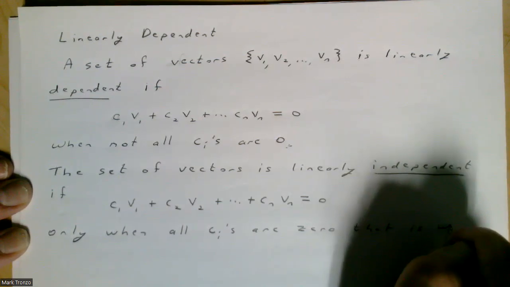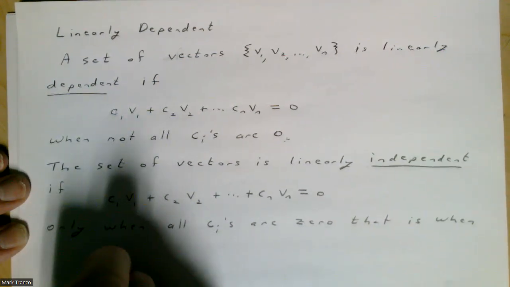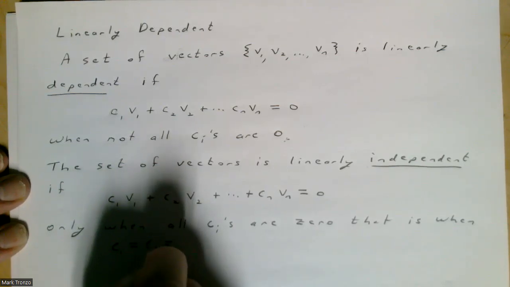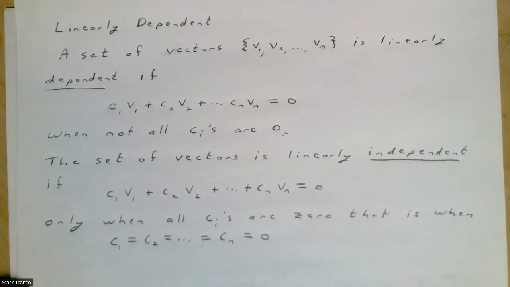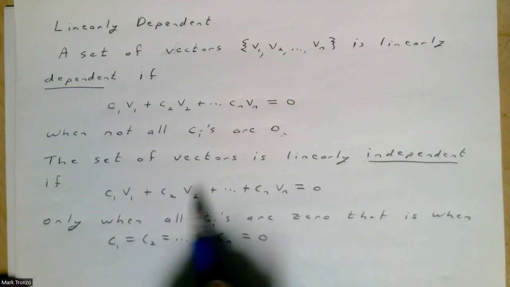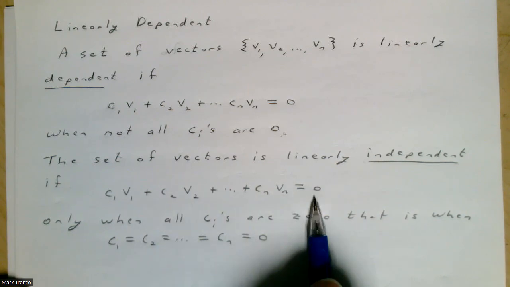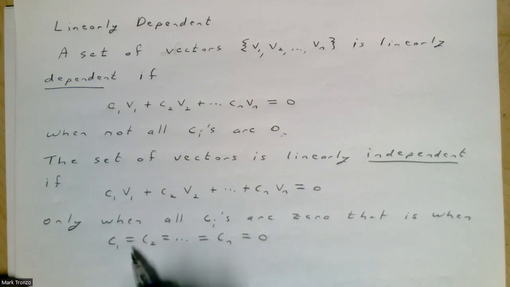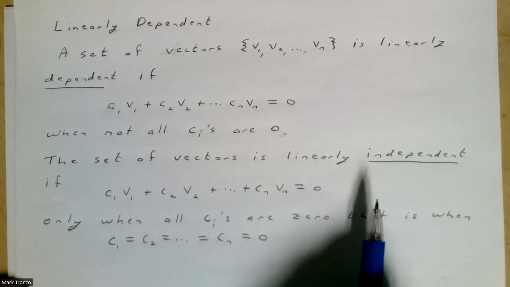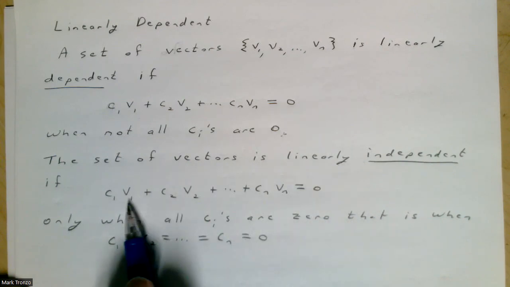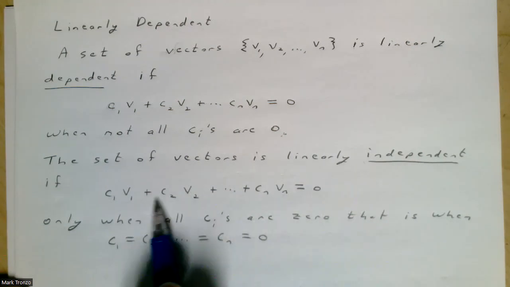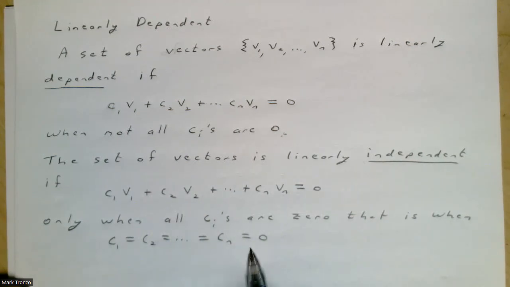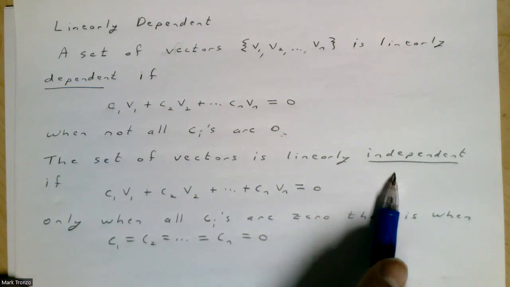That is, when C1, C2, all the way up to Cn are all zero. If that's the only way you can get this linear combination to be zero, then they're linearly independent. Now, of course, you're always going to get zeros when you make the constants zero. But if that's the only way you can make this come out to be zero is to have all the constants zero, then it's linearly independent.